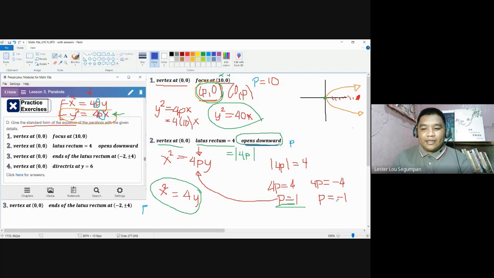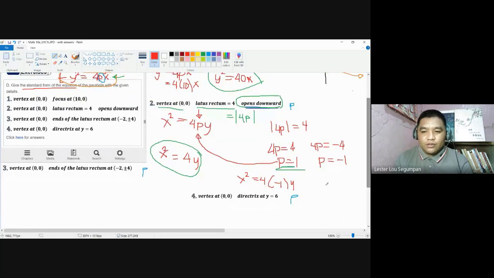So by using negative 1, our equation for the standard form is x squared is equal to 4 times negative 1 times y, which will actually result in x squared equals negative 4y.